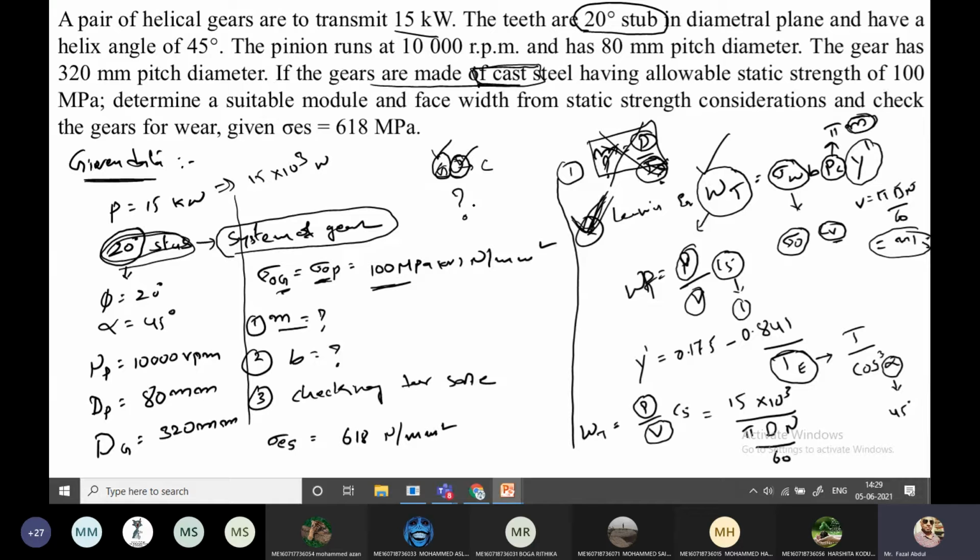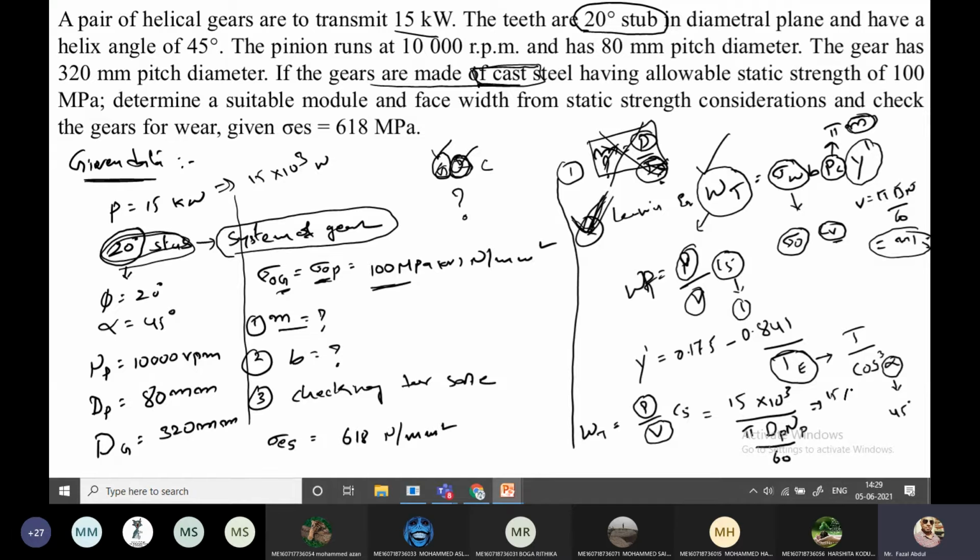The reason I am applying it to the pinion is that the pinion is the weakest portion when the two gears are made of similar material, cast iron. So I am writing here pi dp np by 60.